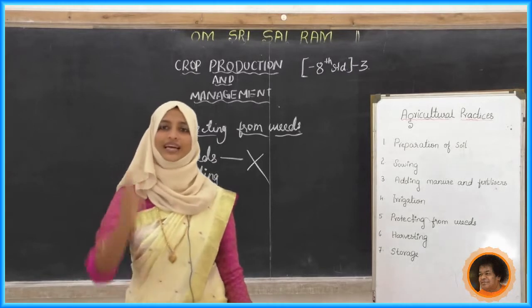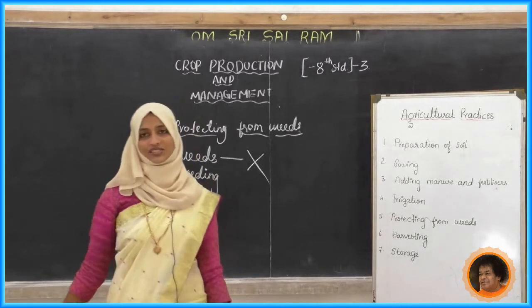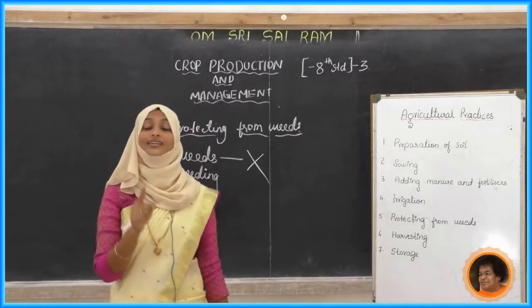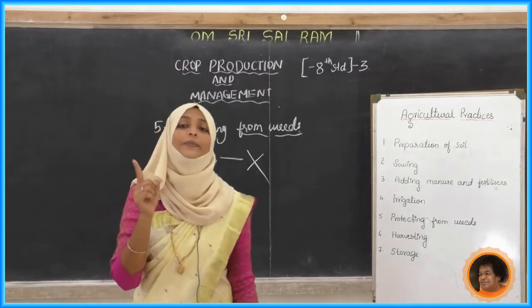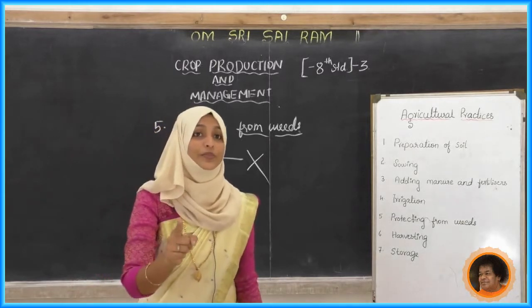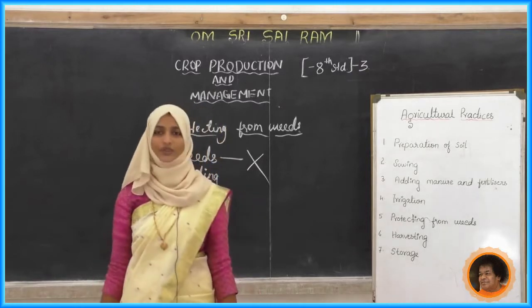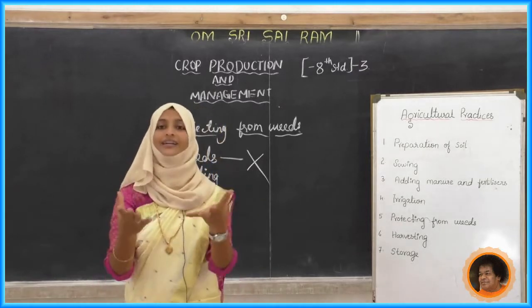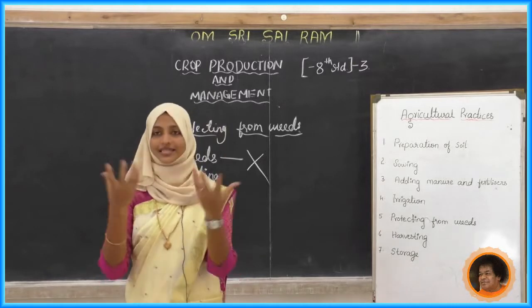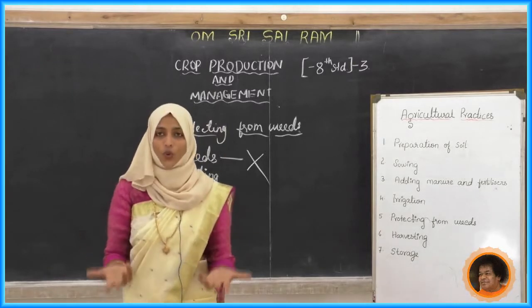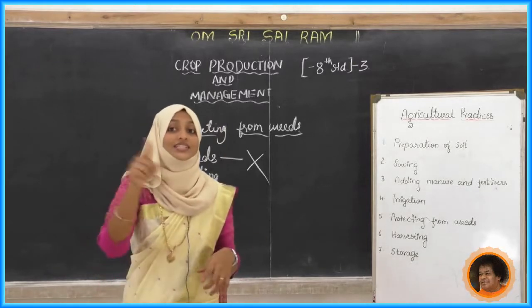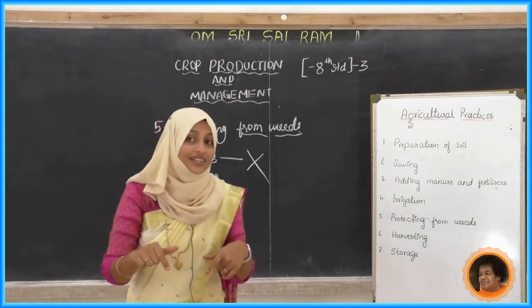Or else we can kill the weeds. But while killing, we have to keep it in our mind that it should be before the weeds produce flower or seed. What will happen if the weed plant is flowering or starting to give fruit? There is a chance of it growing further.